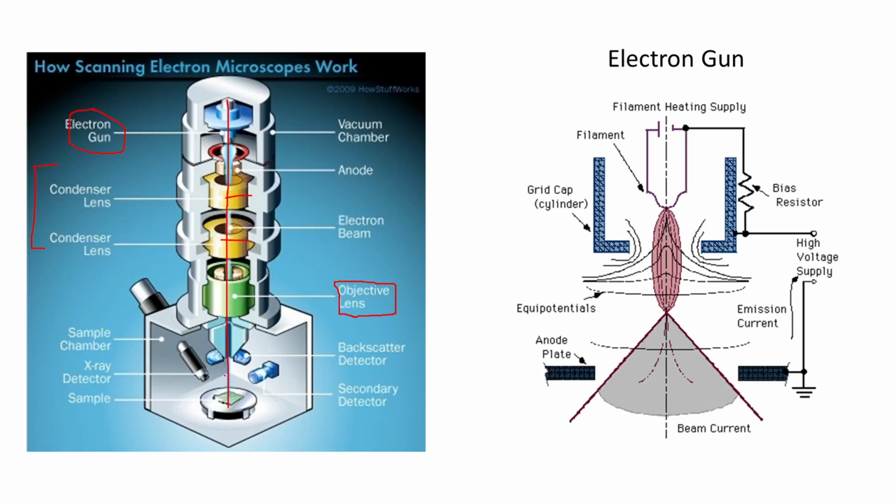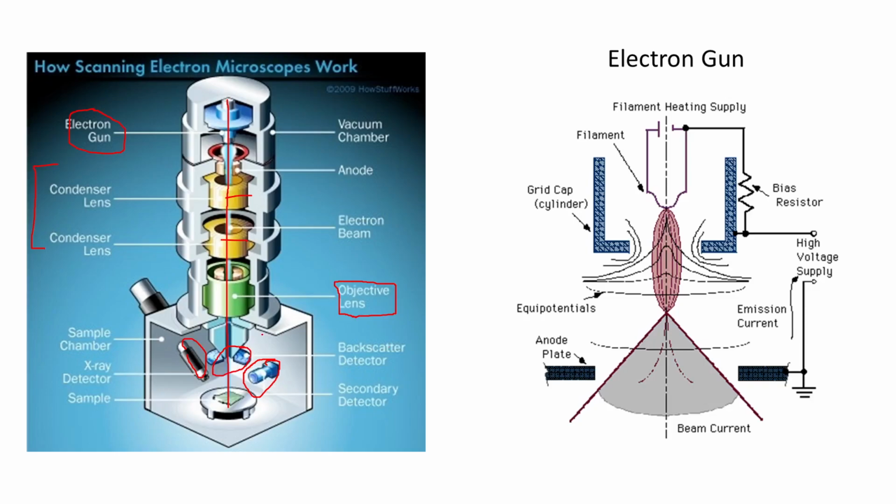and then it will interact with this specimen, and different kinds of signals will evolve out from this specimen, where you can have different kinds of detectors. Like they have an X-ray detector over this, shown in the black one, followed by the secondary electron detector, and also they have shown this back secondary electron detector.